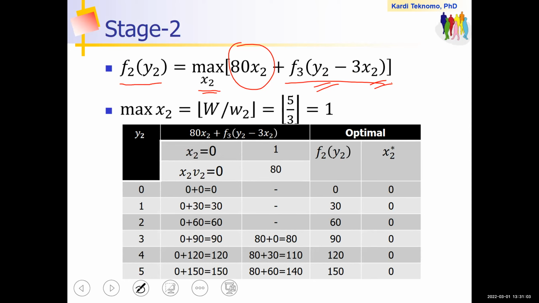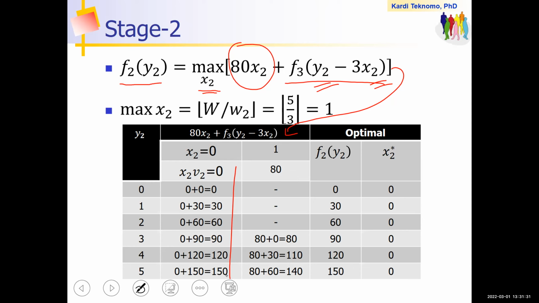And then we put it into this table and we get this value. So this is 0 plus 0, and so on. X2 is actually 1, so of course 80 times 1 is 80, and so on.